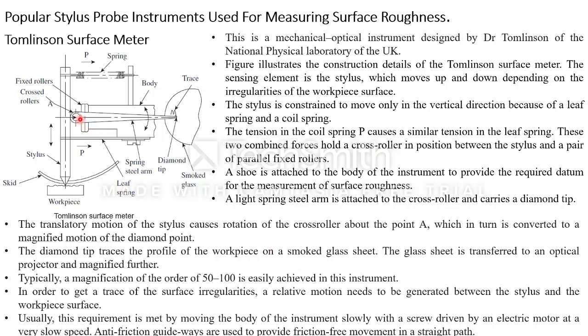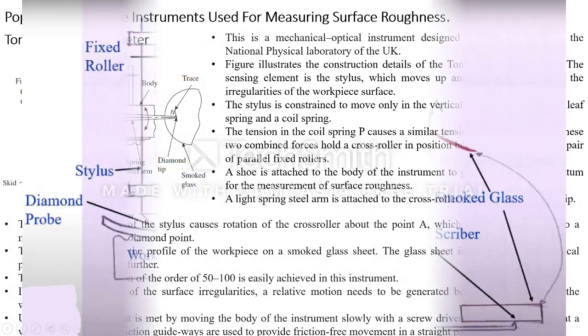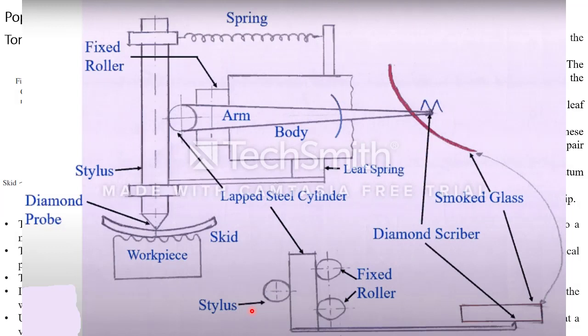Your crossed roller, which is in the form of a cylinder, will be here, and your stylus will be placed in between these crossed rollers and the fixed rollers. Here you can see in this diagram. These are my fixed rollers, this is my stylus, and this is my lapped steel cylinder or crossed roller, and then my stylus will be here. Am I clear?